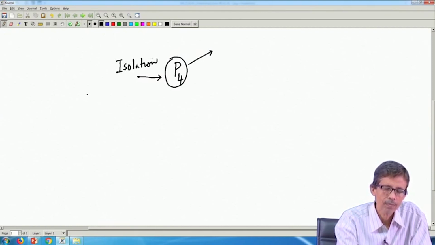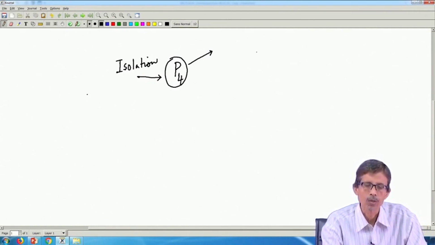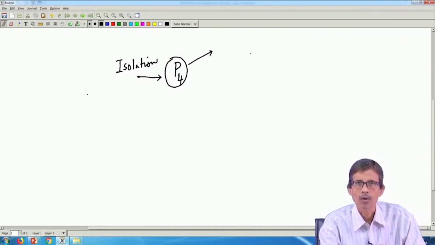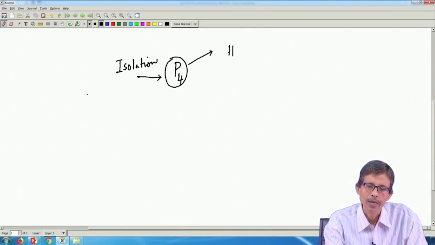The first part was the isolation, and then how we can convert this molecule to other industrially important molecules, such as the simple making of phosphoric acid.